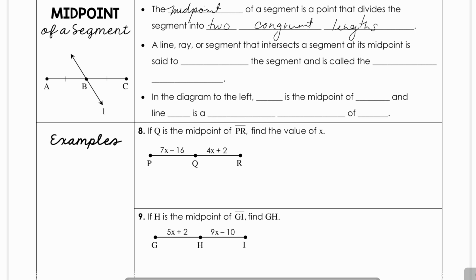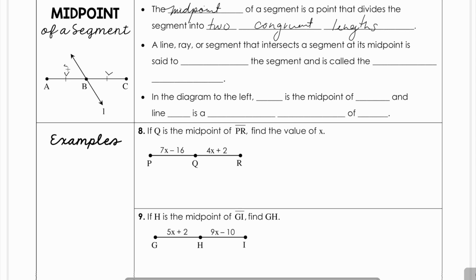And that makes sense. Mid means middle, point in the middle, so point in the middle of a segment. So we can see here, we have a point B on this segment AC. And these little tick marks, you're going to see these a lot in geometry. This basically is telling us that segment AB is the same length as segment BC.